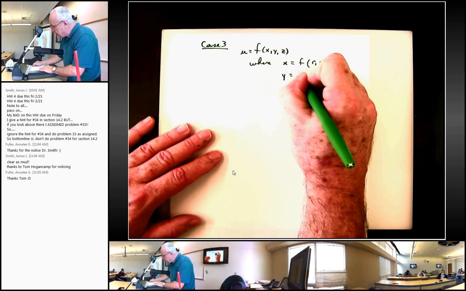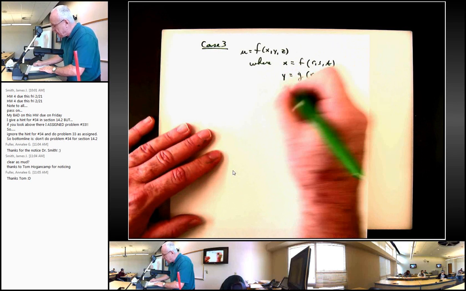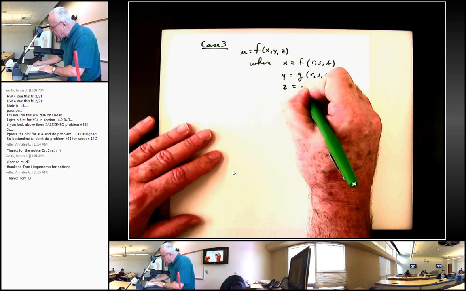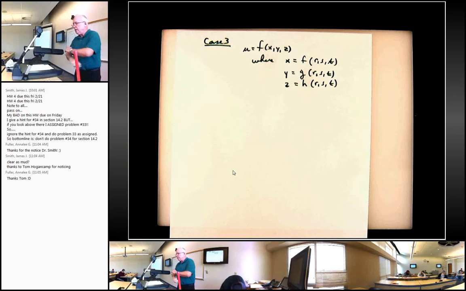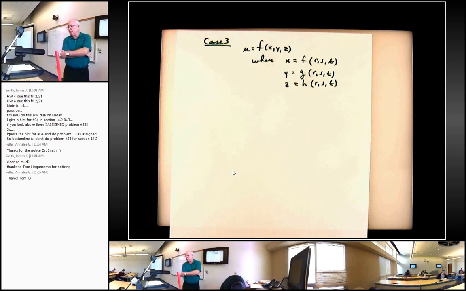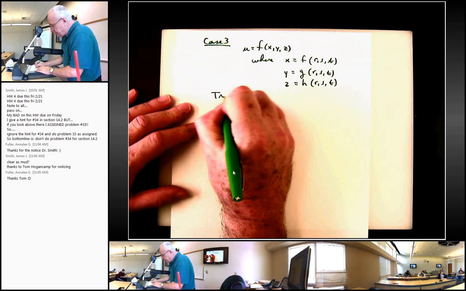Y is, let's put g, y is a function of r, s, and t, and z is also, let's call it h of r, s, and t. All right, so we've upped the ante a bit here. So let's draw the tree diagram and go from there.